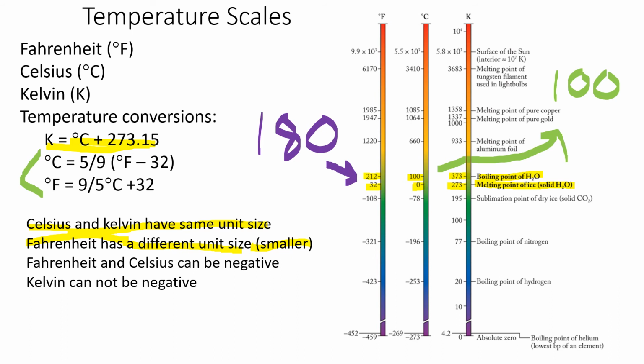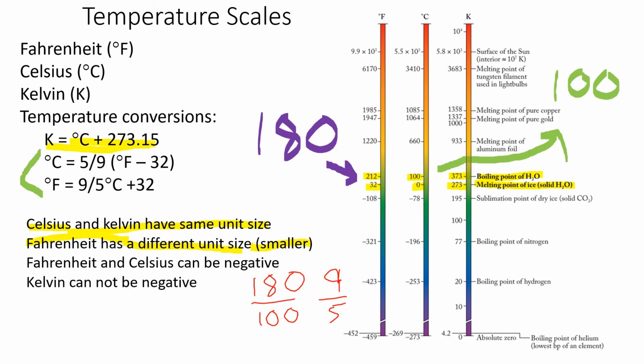So if we think about that, remember when we said there were 180 units on the Fahrenheit scale between freezing and boiling, and there were only 100 on the Celsius and Kelvin scale? So 180 divided by 100, well, you could reduce those down as far as you could go, 9 over 5.